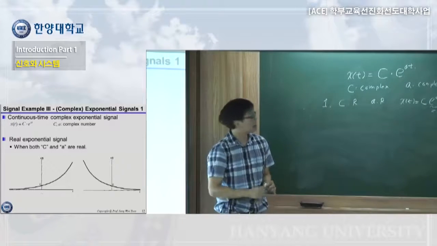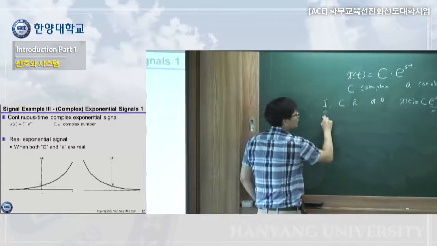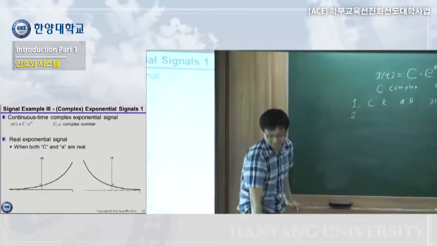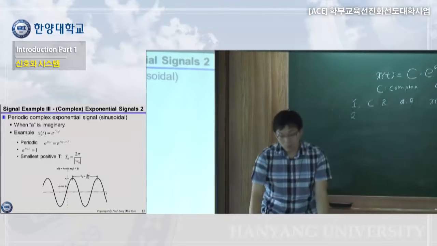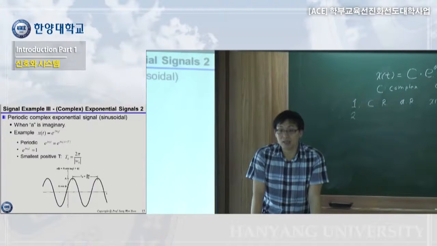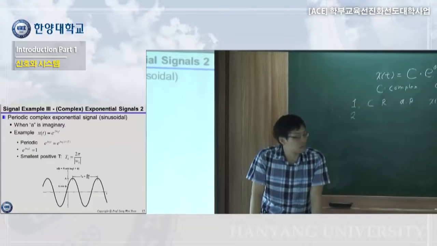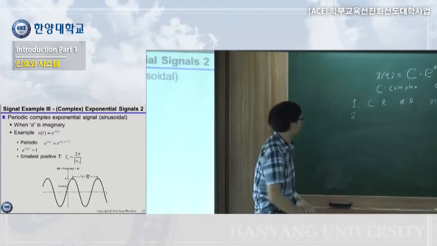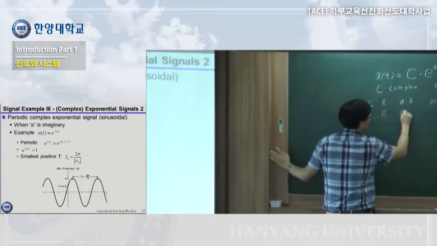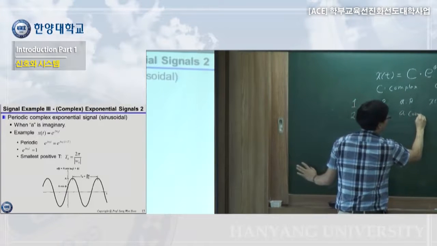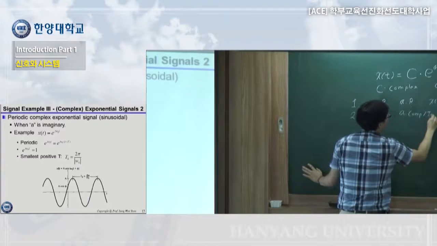Now let's make them a little bit more complicated. Second case: when C is constant, real, and A is imaginary. So C is still real, A is now complex or imaginary.